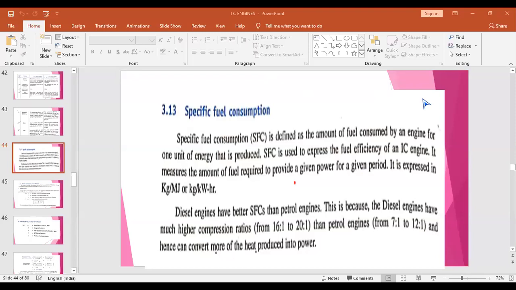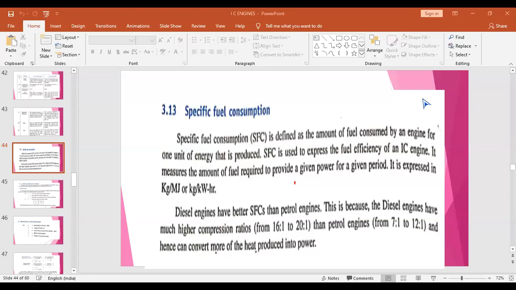So the first one is specific fuel consumption. The specific fuel consumption, that's called the SFC, is nothing but the unit of energy produced.